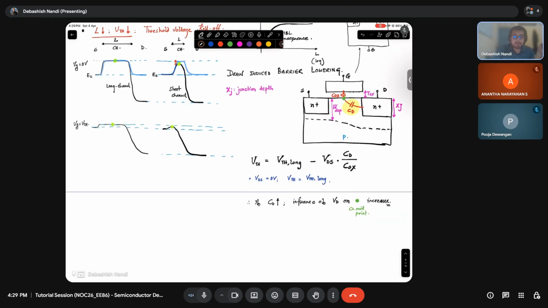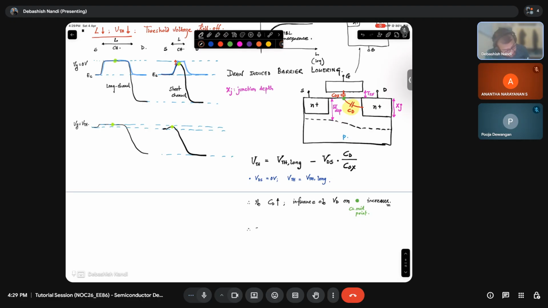Is it okay? Because your impedance is 1 over SCD, right? So if CD increases, impedance lowers, that means this path is more short. That means VD reaches more in the mid of the channel. Fine.